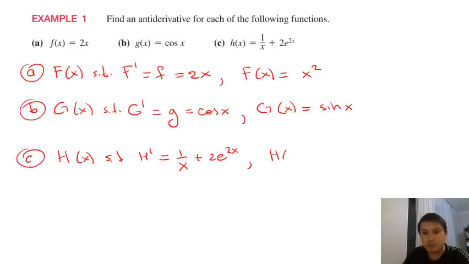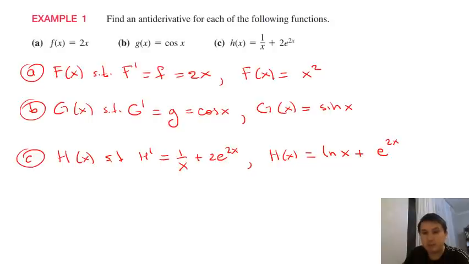So what would be the antiderivative of 1 over x? Well, we know that ln x satisfies as an antiderivative, right? And for 2e to the 2x, we know that e to the 2x, if you take the derivative, will give 2 times e to the 2x. So we simply add, right?